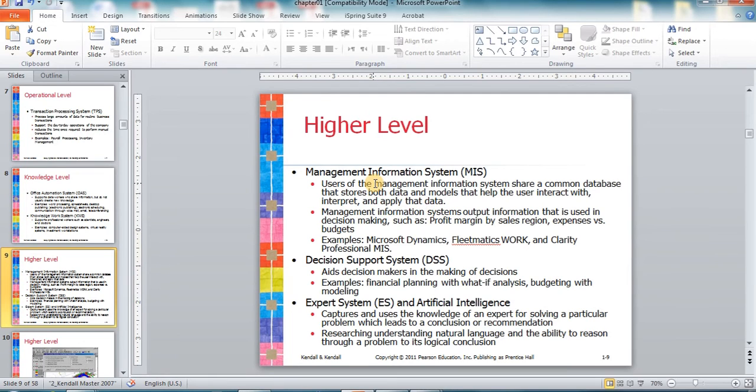So, for example, if I have a large amount of data and I want to produce from this data a meaningful output that will give me a clear view about a certain aspect related to the production in the company or the profits in the company. The software that produces such overall views from data is called the management information system.